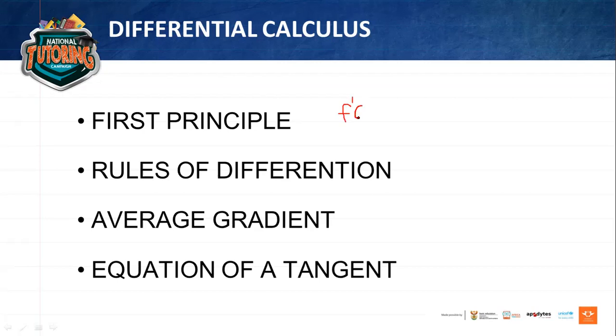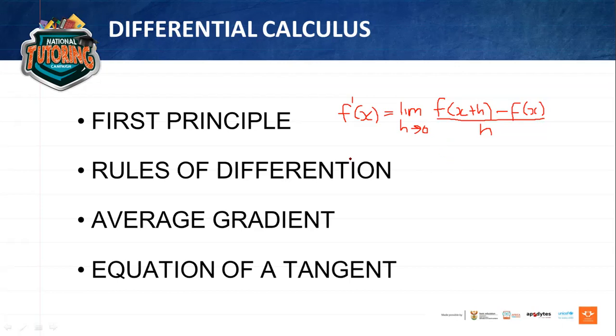It would be f prime of x, which is what they would want you to find, equals the limit as h tends to 0 of f at x plus h, subtracted by f at x, all over h. So that is the first principle. It's going to be given to you in the formula sheet, okay?